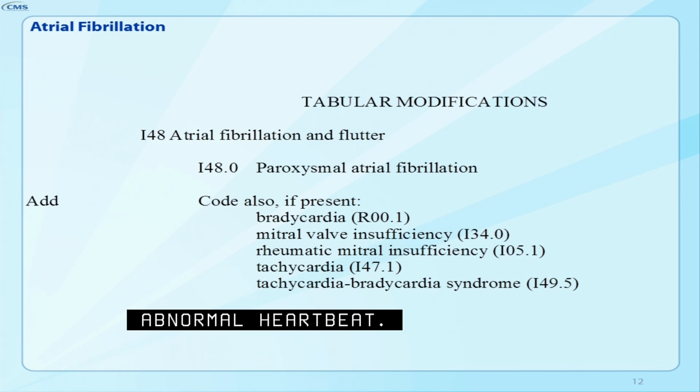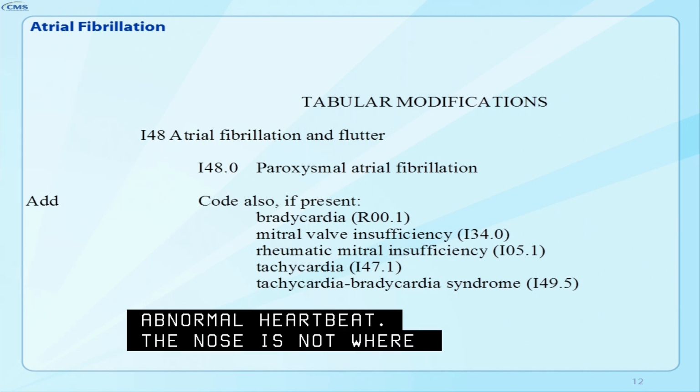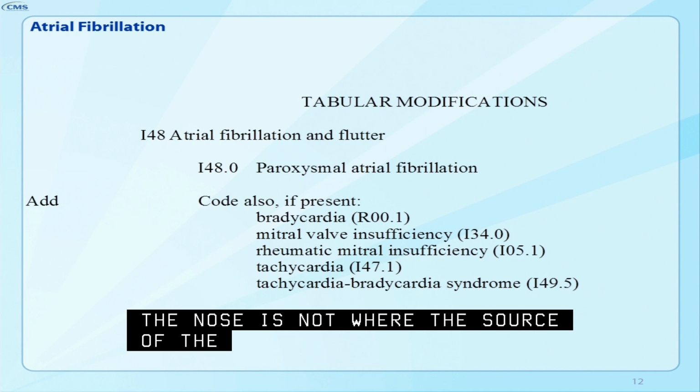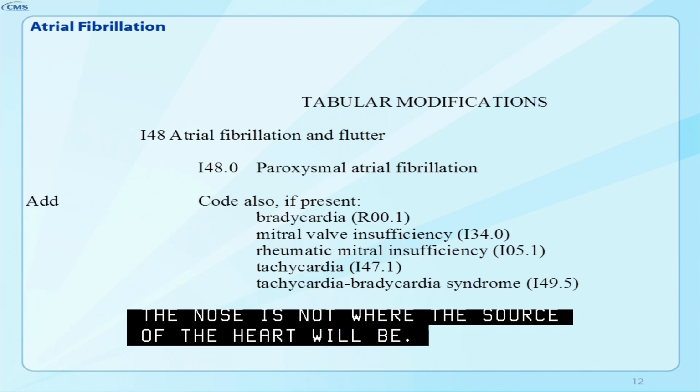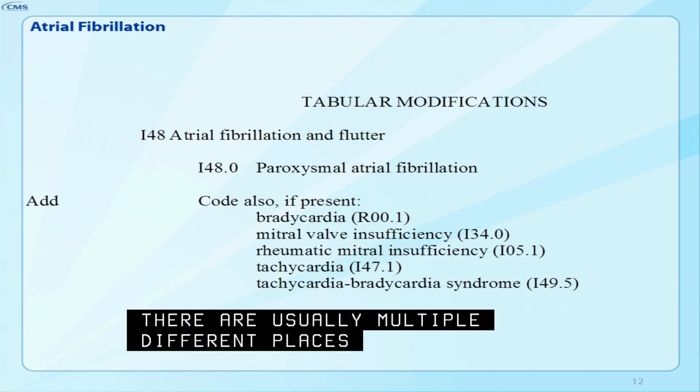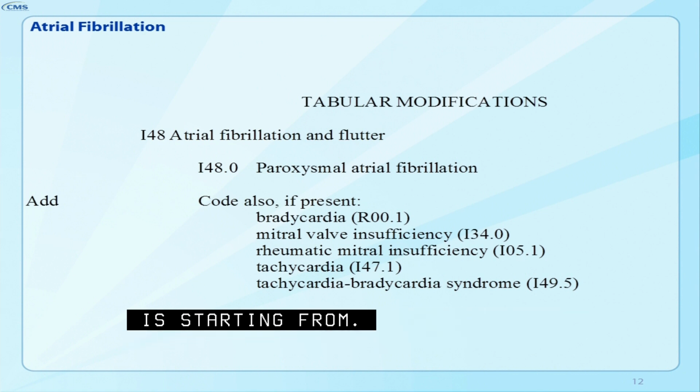The sinus node is not where the source of the heartbeat is coming from. There may usually be multiple different places that the heart rate is starting from in atrial fibrillation, and so it's kind of irregular and the heart's not beating in a coordinated way, essentially.